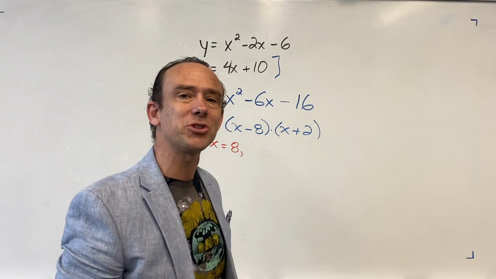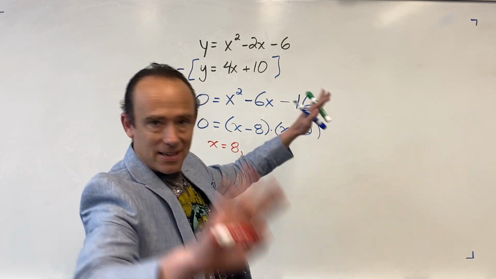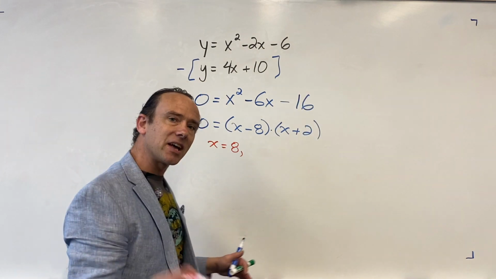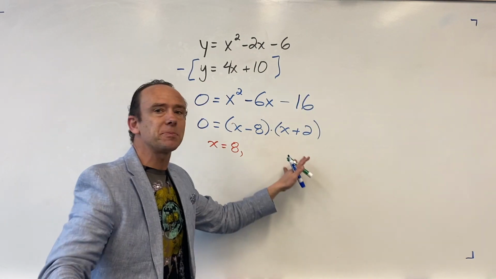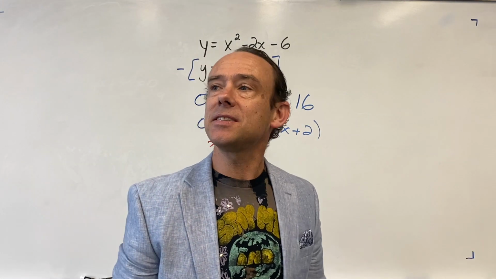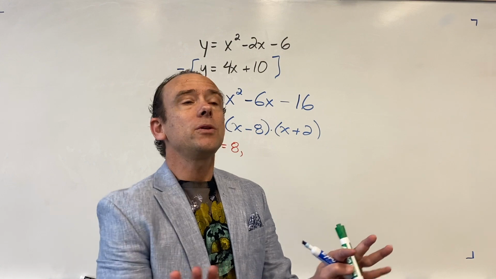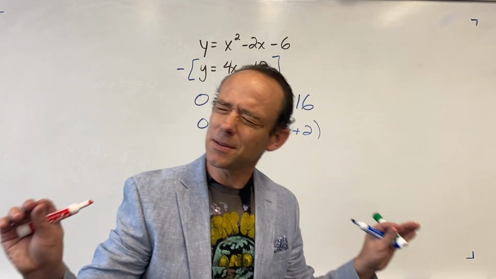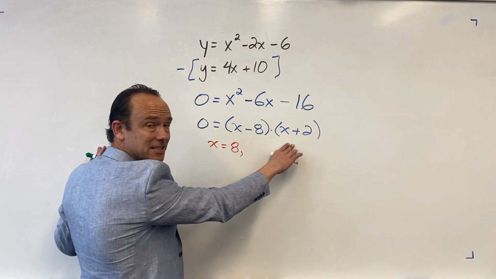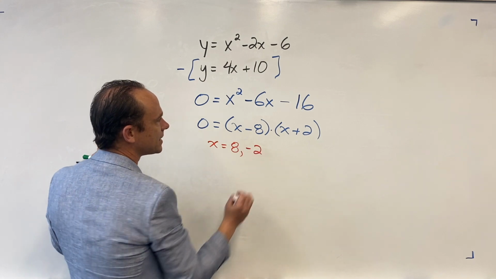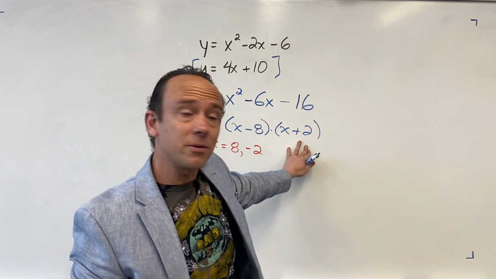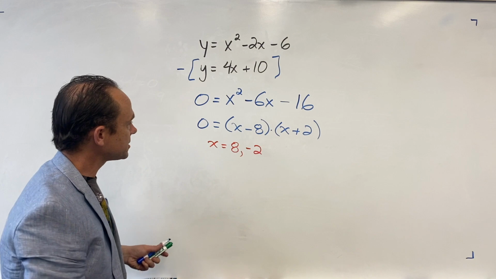And that's where some of you students say, I take the opposite. And that's fine, as long as you realize that the reason you're taking the opposite is because that's how you get to 0. Negative 2 plus 2 is 0. 0 times negative 10 is 0.